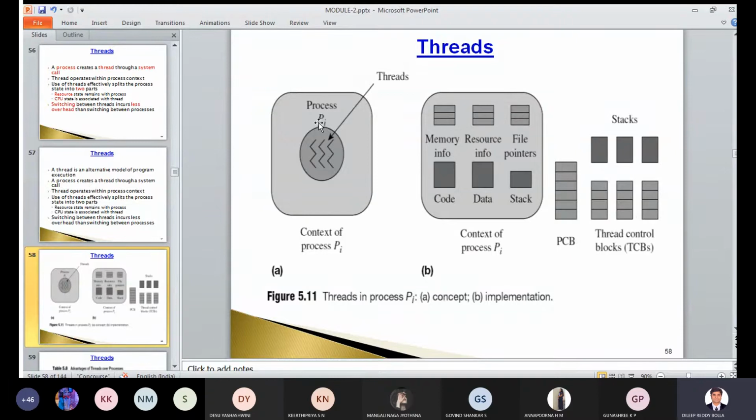Inside this process context, we have information about memory, resources, files, code, data, stack, all the information we'll be having. Along with that, we have two blocks. Process control block we have and thread control block we have, PCB and TCB. This TCB block will have thread control blocks.